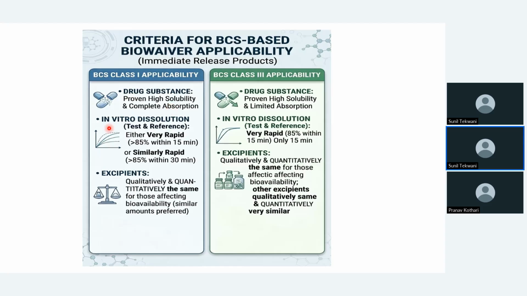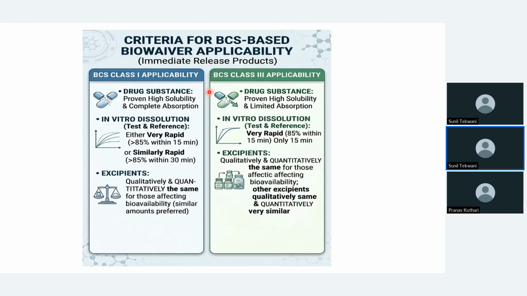It has high dissolution, getting rapidly dissolved, either more than 85% in 15 minutes or 30 minutes. Excipients between test and reference products are qualitatively the same. These 3 things you have to prove in the lab.